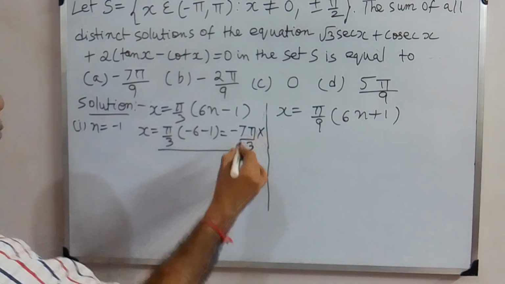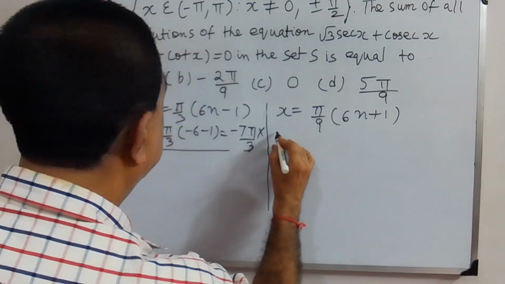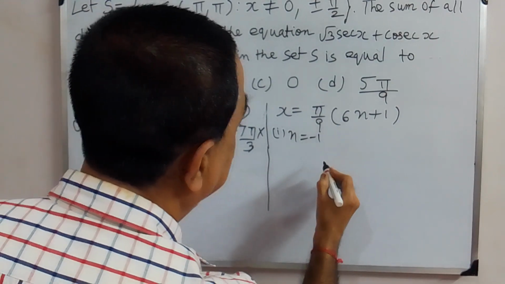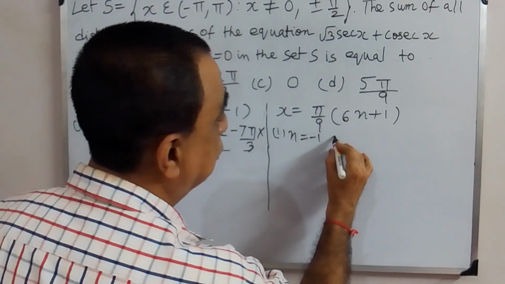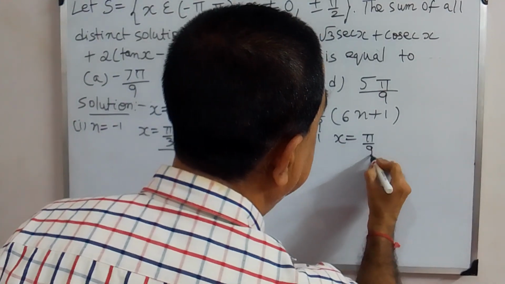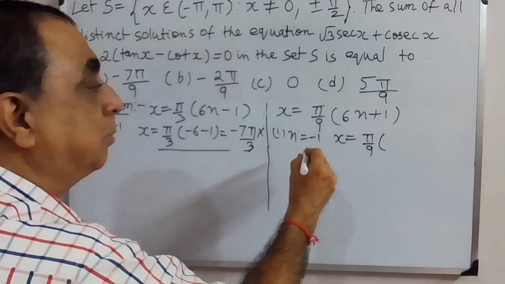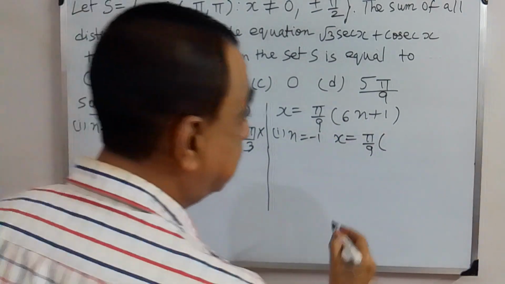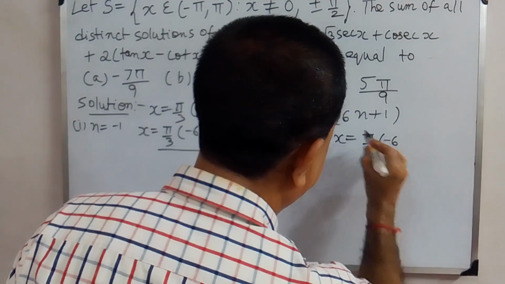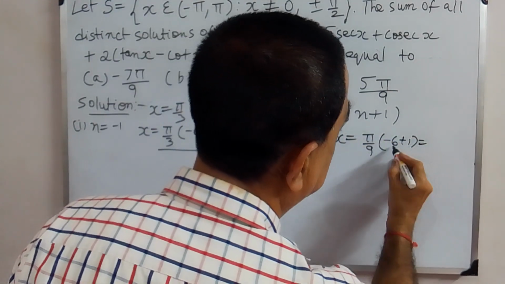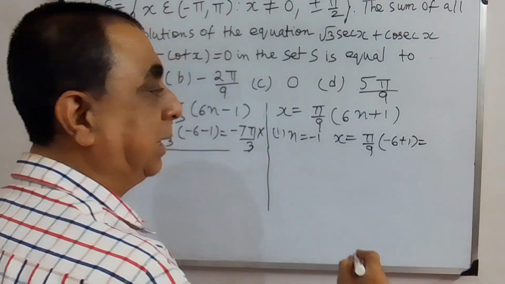Okay, and let us put n equal to minus 1 here. So what value of x am I getting here? Pi by 9, and n is equal to minus 1. So this will become minus 6 plus 1. Minus 6 plus 1 is minus 5.